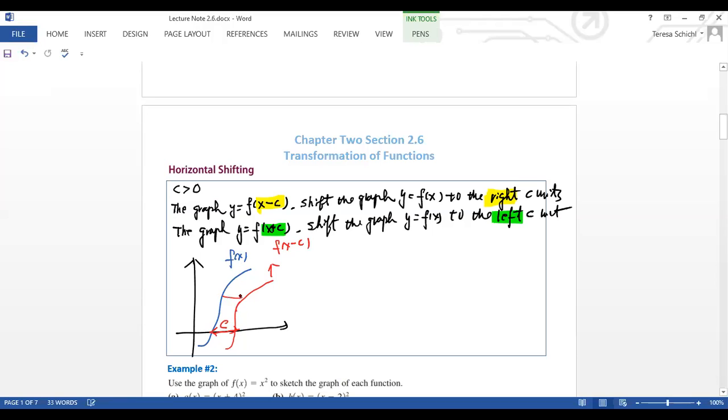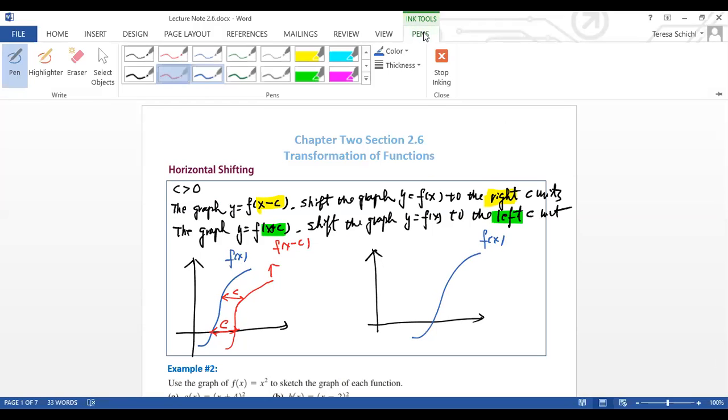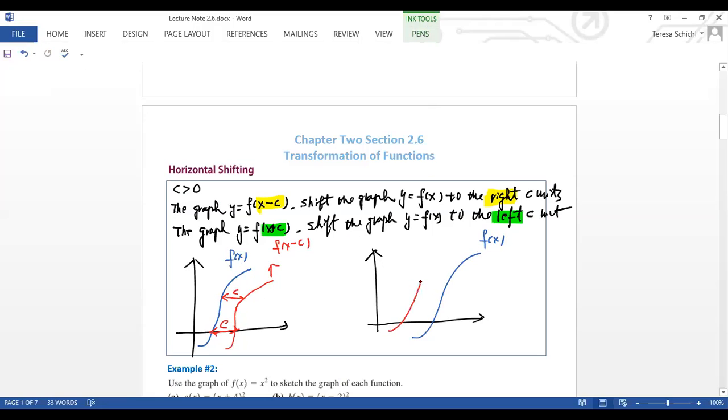It's the same distance this way, a c unit. And now the same way for a shift to the left: if this is my f of x, shift to the left, you go in here. This is the function I call f of x plus c. That means from here to here, you shift to the left c units, all right?